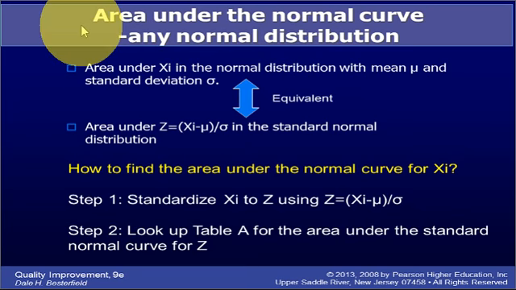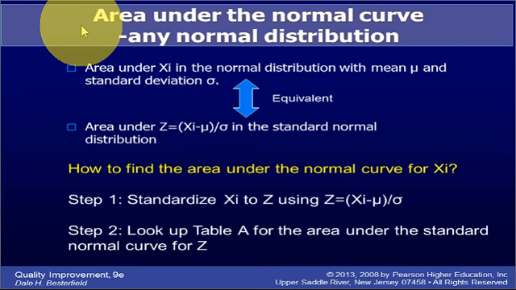Now, what if I want to know the area under the normal curve for any normal distribution? If you go with calculus, you will find an even messier integration than for the standard normal distribution. So we can use the equivalency between any normal distribution and the standard normal distribution.